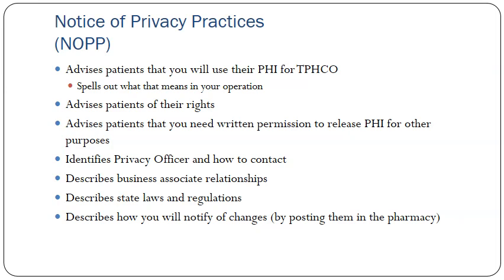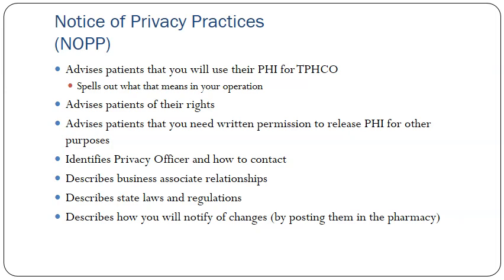HIPAA requires that patients be provided with a notice of privacy practices, which advises patients what you will use their protected health information for, which generally falls under that TPHCO category.